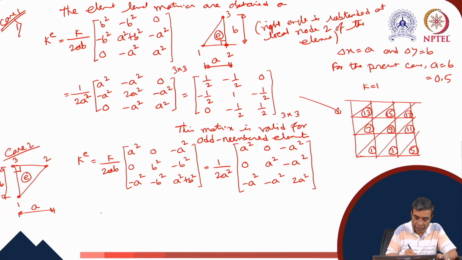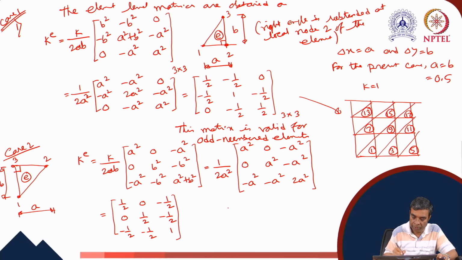So this matrix finally reduces to half 0 minus half, 0 half minus half, minus half minus half and 1.